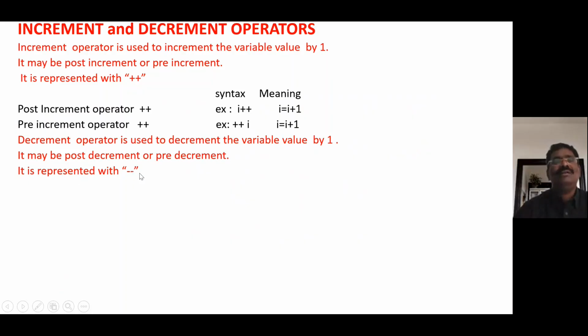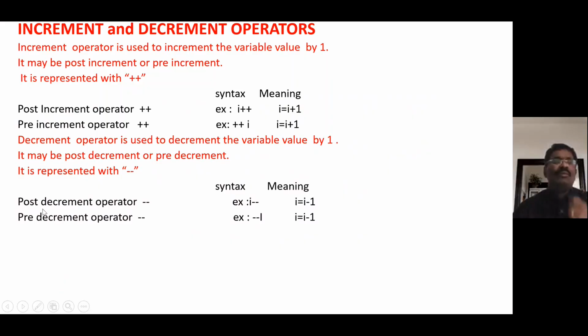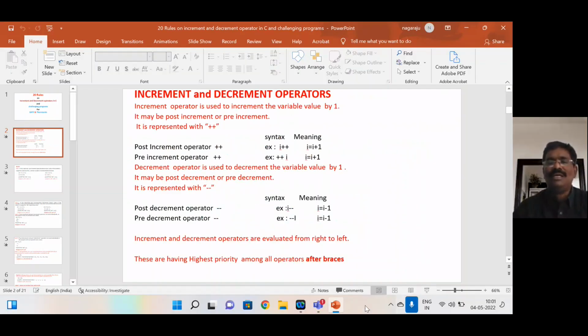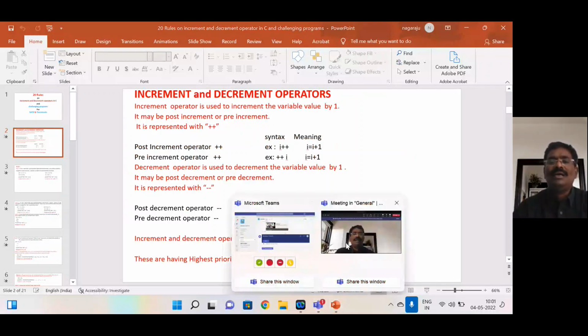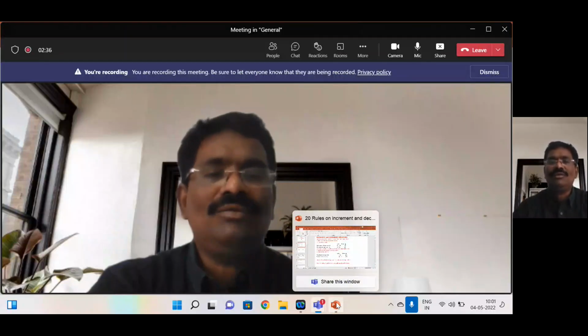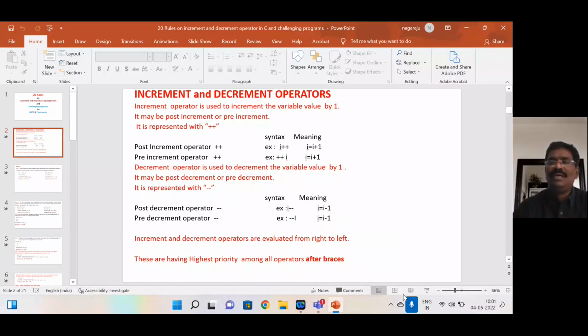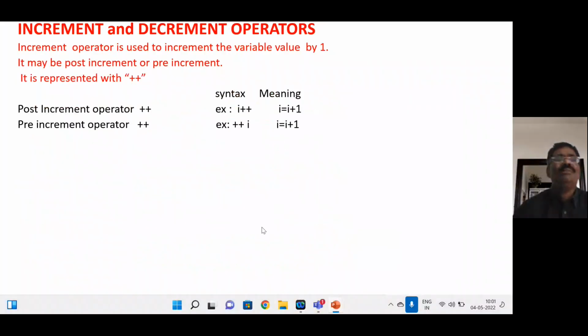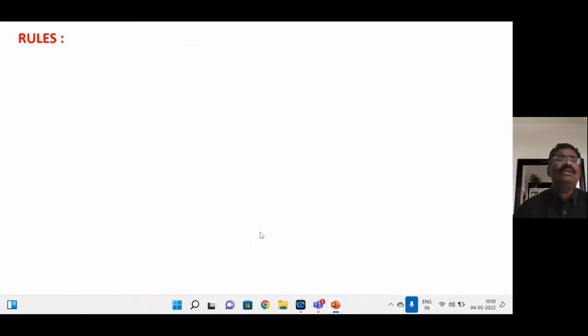So, for example, the post-decrement operator, that is i--, means i = i - 1. The pre-decrement operator is --i, so i = i - 1. These are the increment and decrement operators.